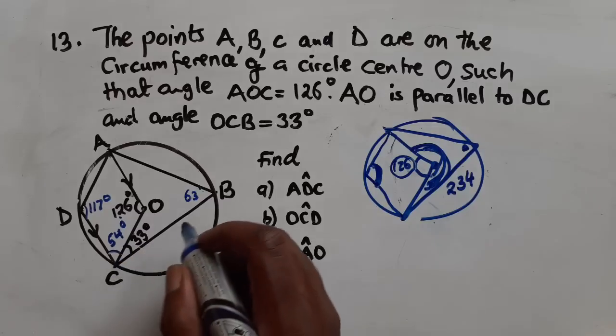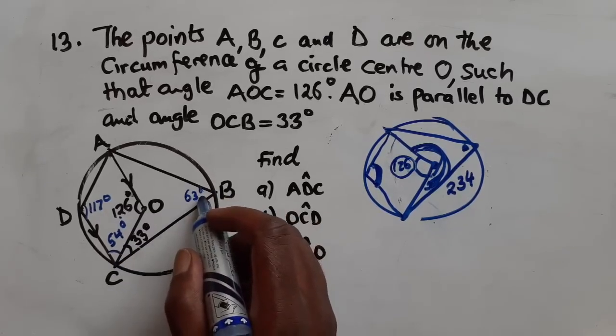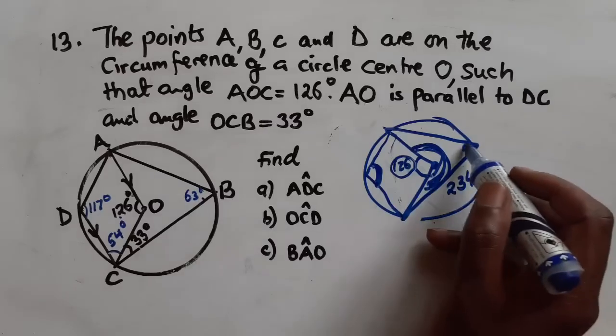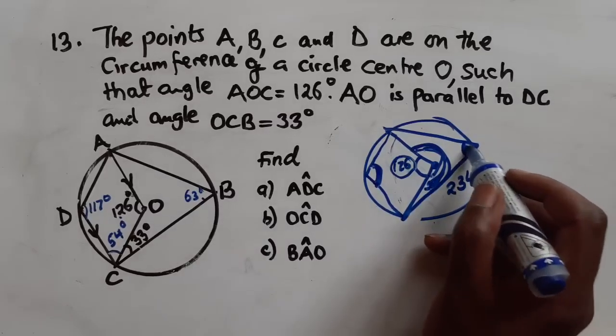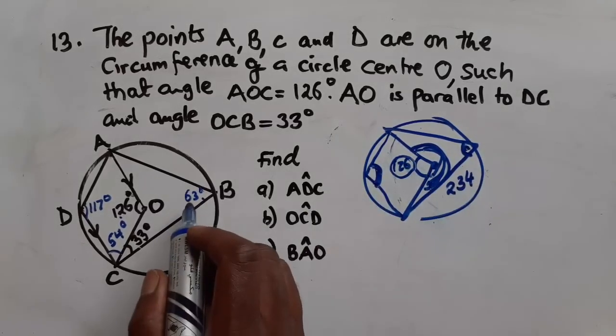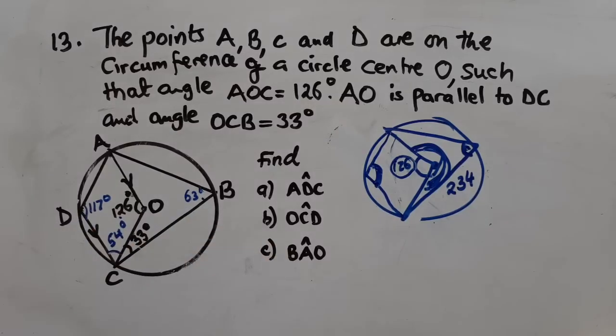Then if this is 63, you know that opposite angles in a cyclic quadrilateral, this angle and this one, should give us what? 180. So when you subtract 63 from 180, you will still get the same. I'm just explaining even before we find.